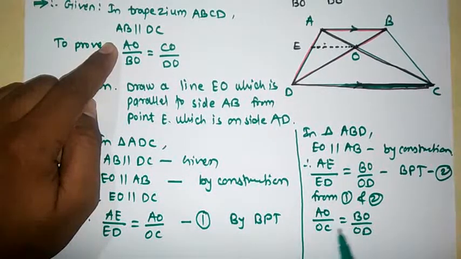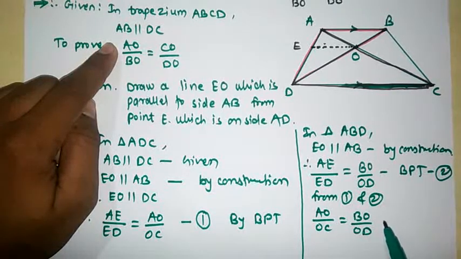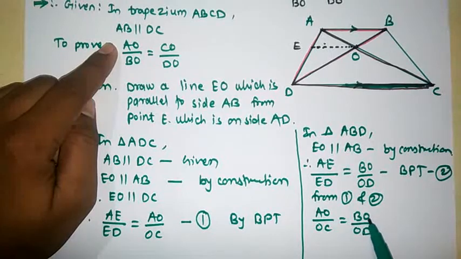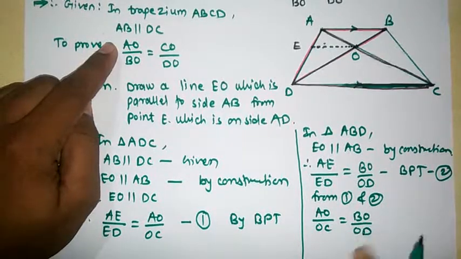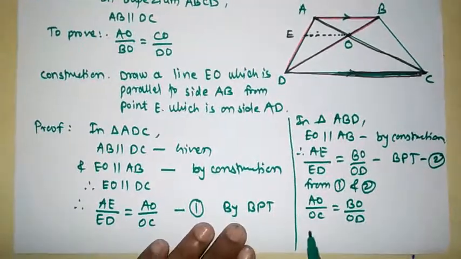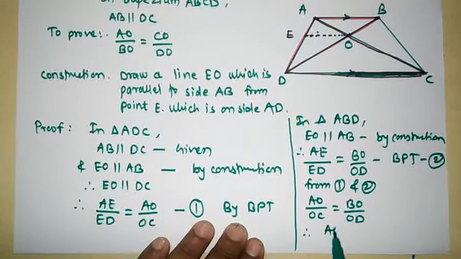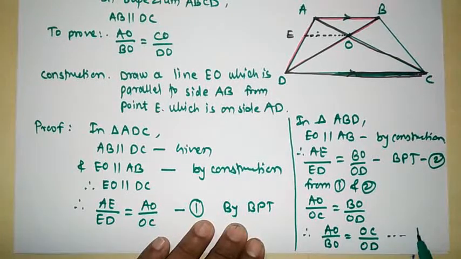If we send OC to the right hand side, it will go to the numerator, and BO to the left hand side, it will go to the denominator. Therefore AO divided by BO is equal to OC divided by OD. This is only what we want, hence proved.